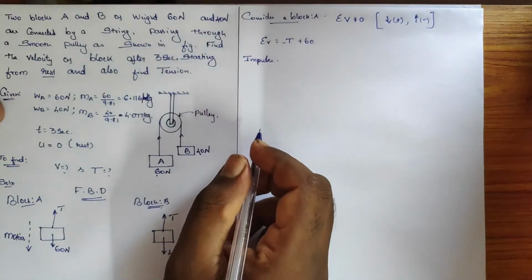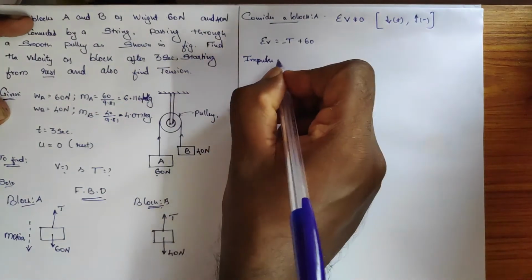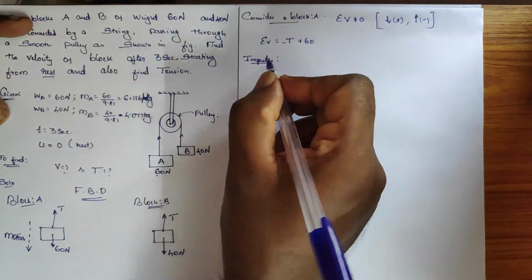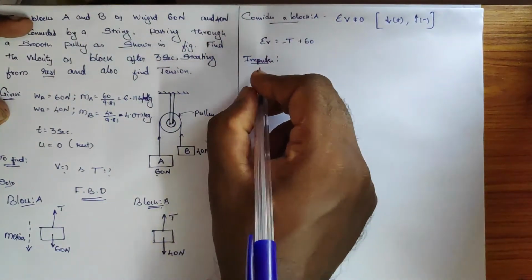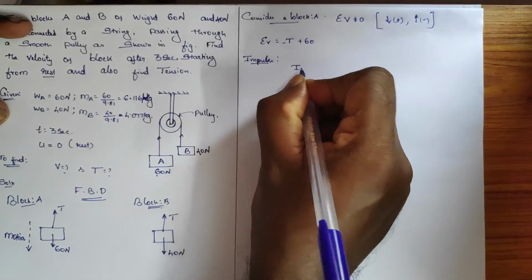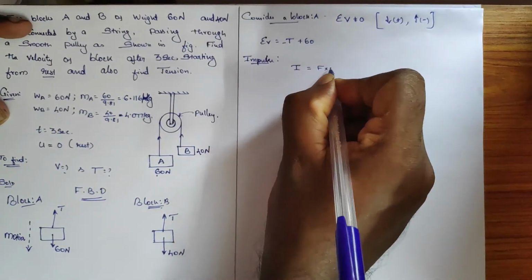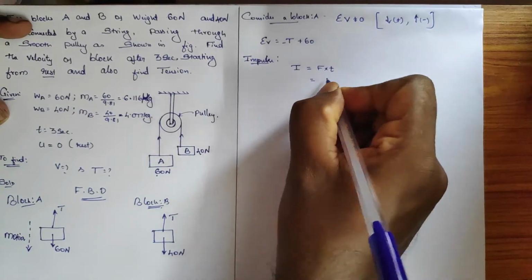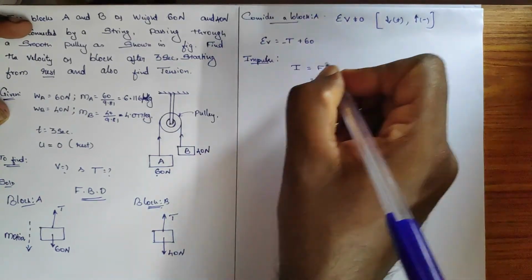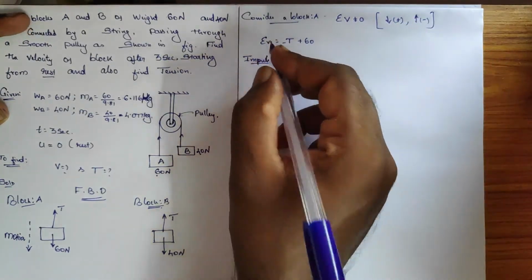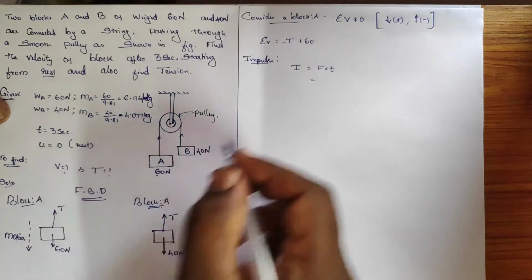It's an impulse momentum equation, right? So just have the details for impulse. Impulse is I, which is equal to F into T. So here the force is just a vertical force, right? All are vertical forces.